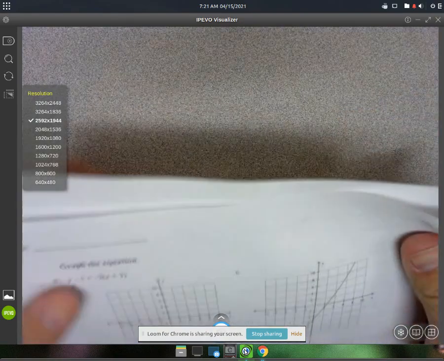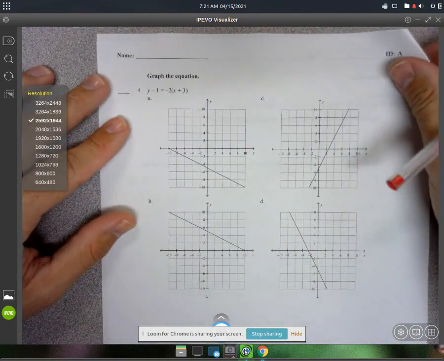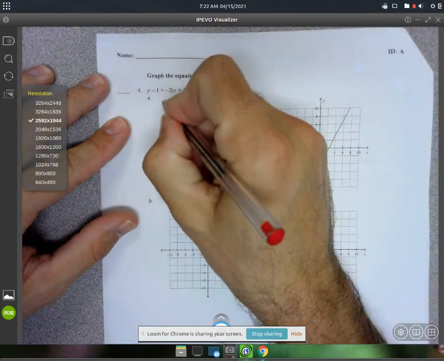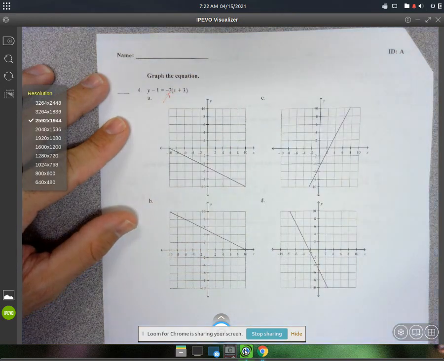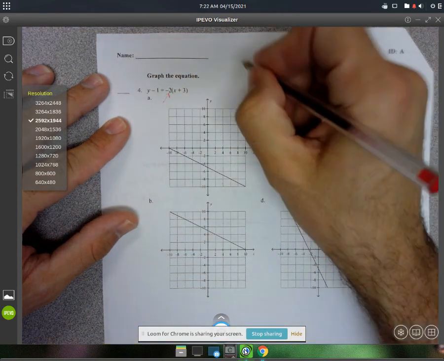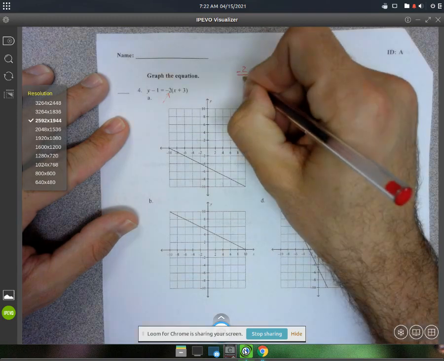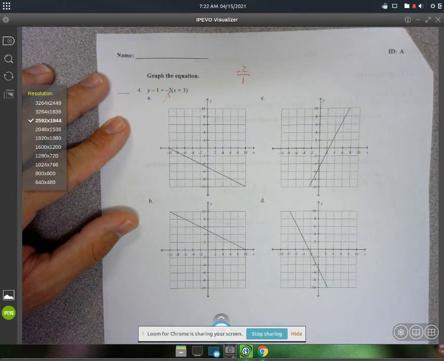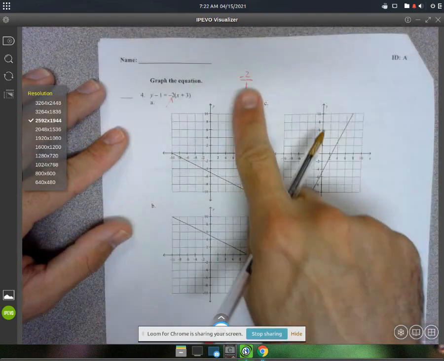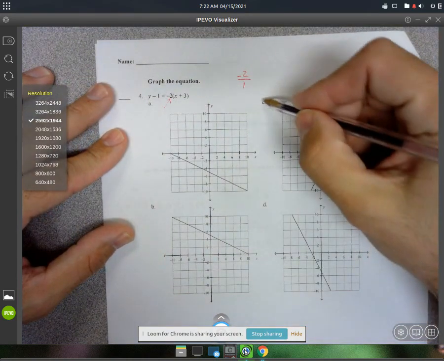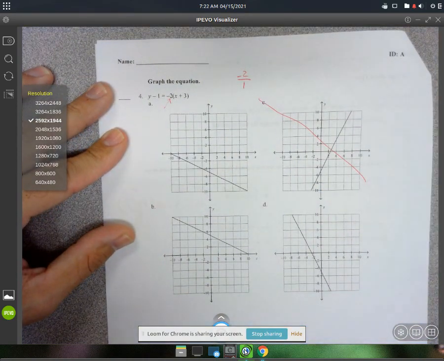All right, questions 4 and 5. The main thing to pay attention to on this one was your slope. The slope is negative 2, which means it's going to be going down 2 and then over 1. First off, it's got to be a negative slope, so it can't be C because that has positive slope.